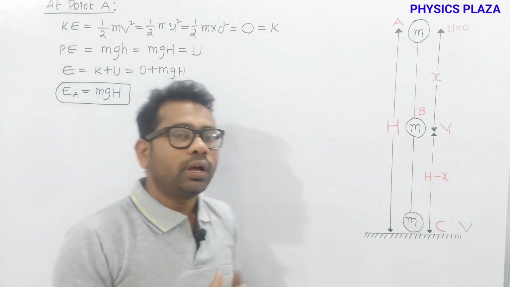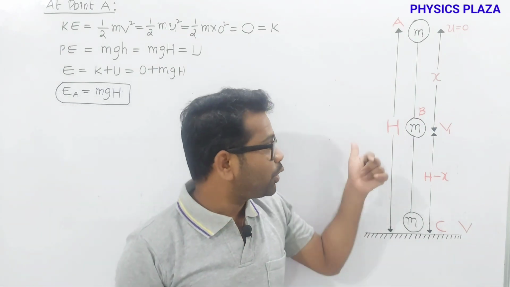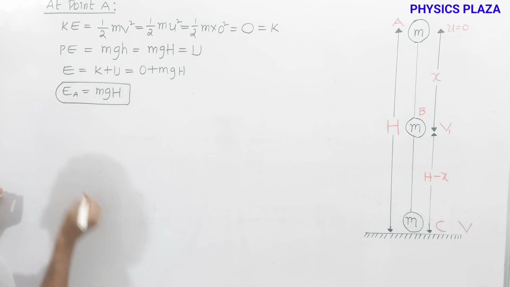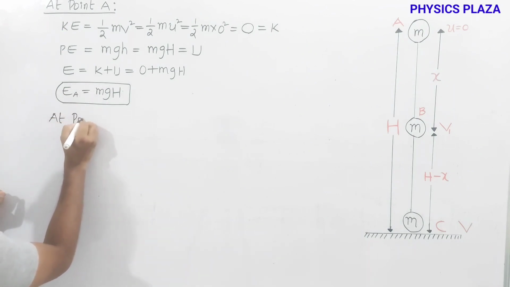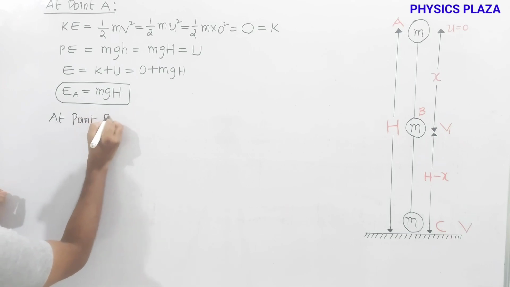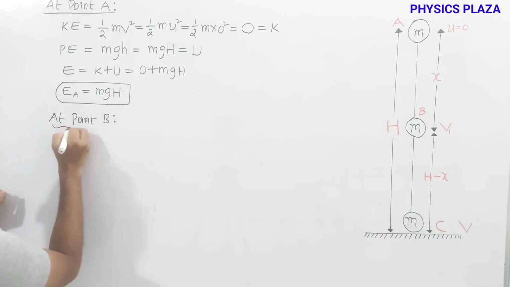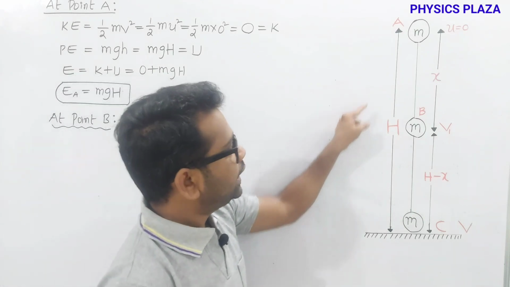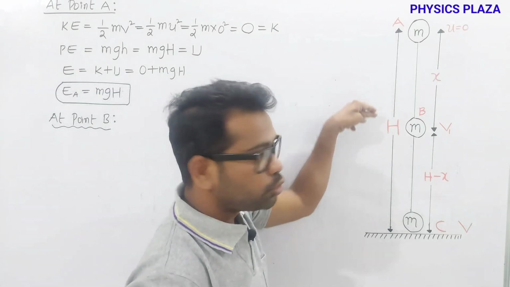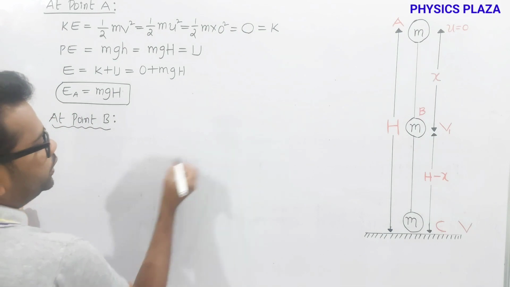Now, we have to prove the energy mgh at point B also. Let us see at point B. What is the mechanical energy going to be? To prove that, let us consider from point A to point B. It's very important.